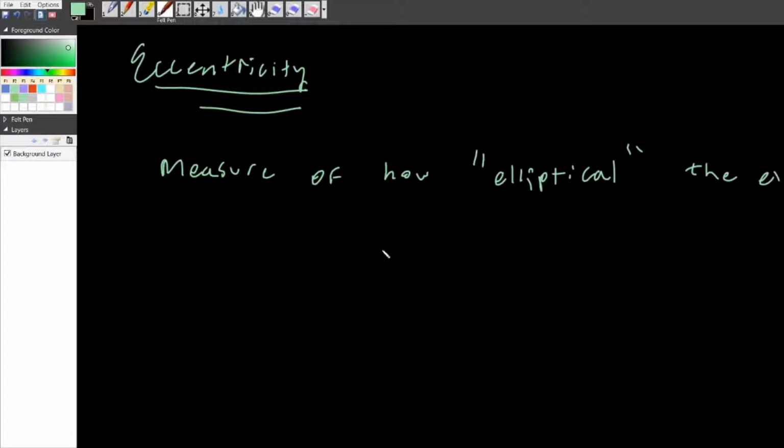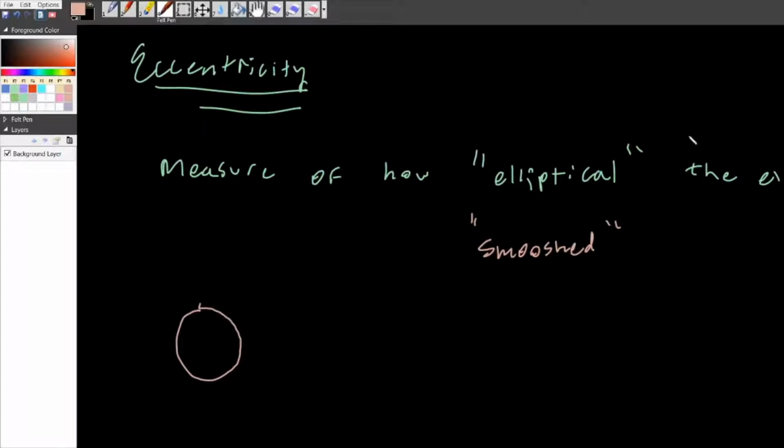This is not a rigorous definition, and I'm kind of upset at myself for providing this to you. But by elliptical, you can kind of think smushed. And this is in comparison to a circle. So how smushed is a circle in comparison to a circle? Well, it's not smushed at all.